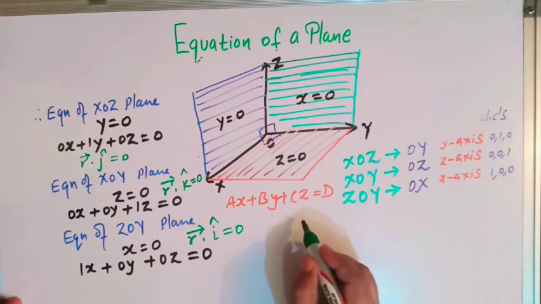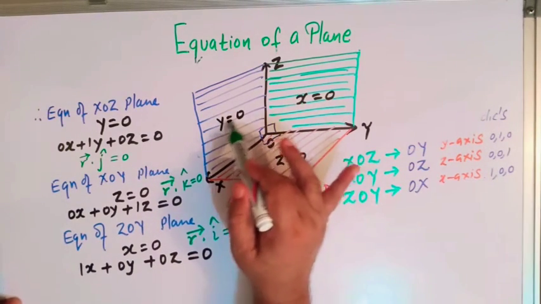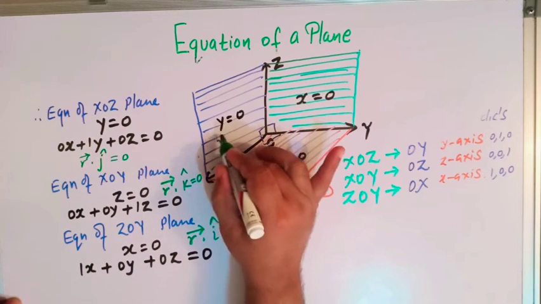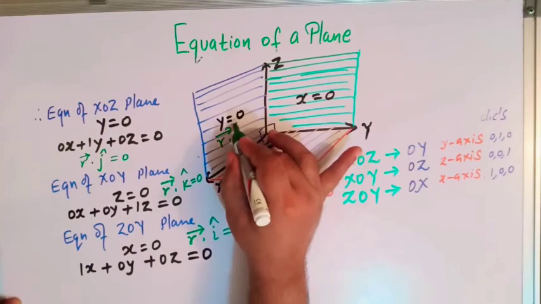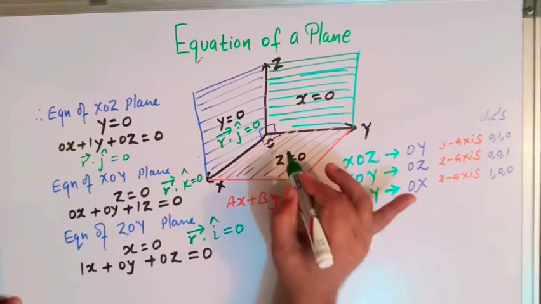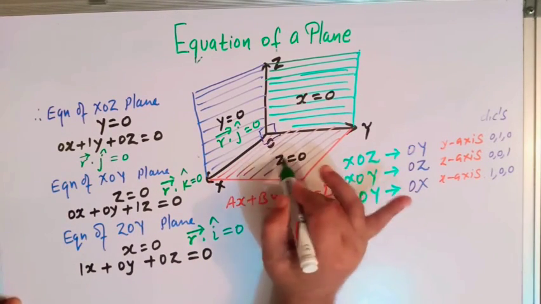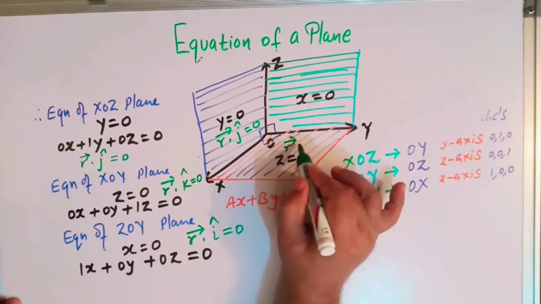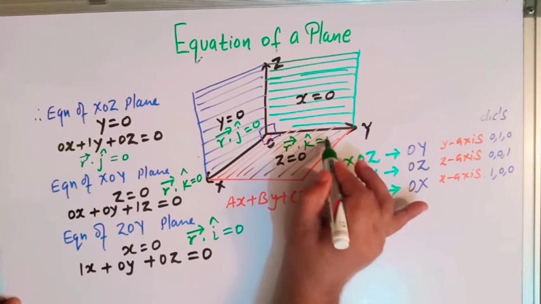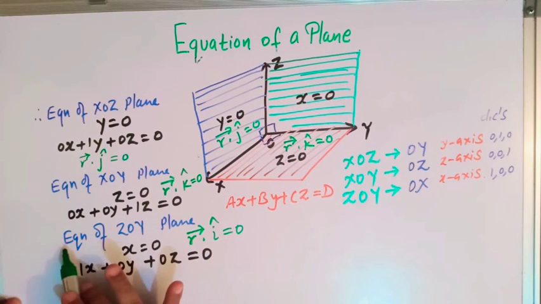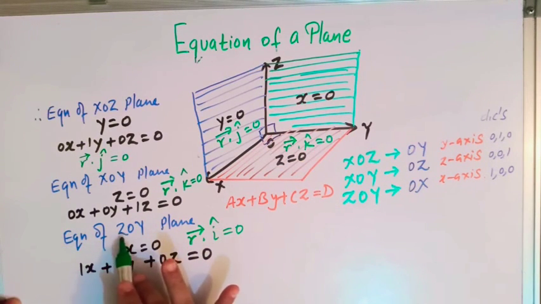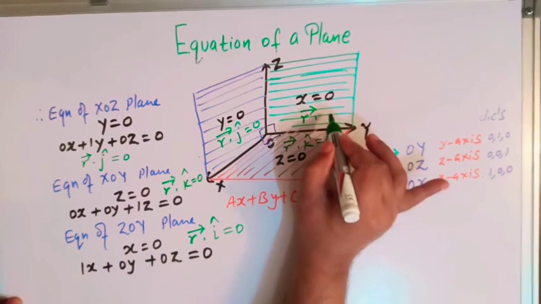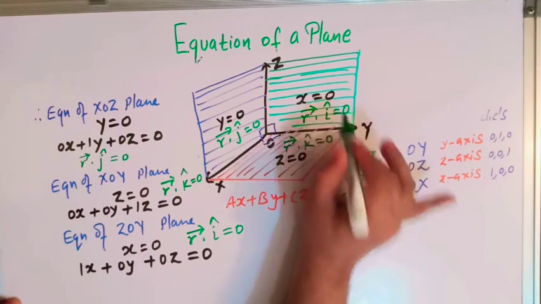So viewers, the vector equation of this plane is r dot j cap is equal to 0. The vector equation of this plane XOY is r dot k cap is equal to 0, and the vector equation of ZOY plane is r dot i cap is equal to 0.